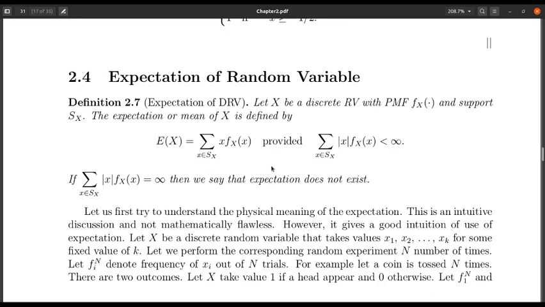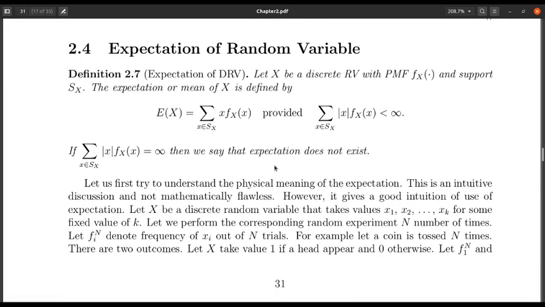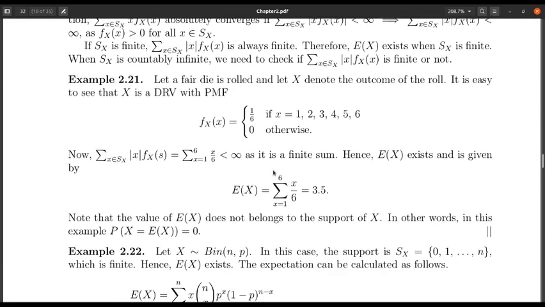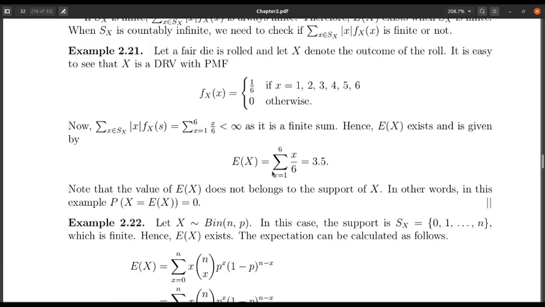Okay, fine. I hope the intuitive, physical meaning of the expectation and the definition is okay with everyone. So let us see some examples now. First, start with one of the simplest examples, where we roll a die, and x denotes the outcome, meaning the number of dots on the upper face.